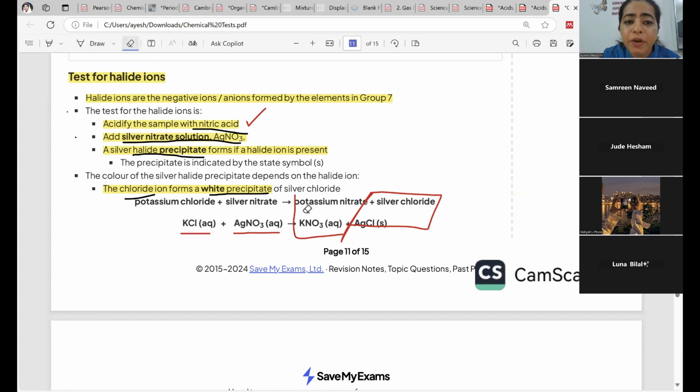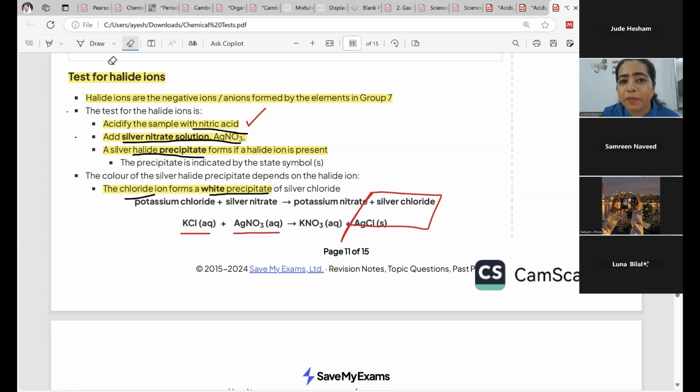The color that you are going to see is for the silver chloride. A white precipitate of silver chloride will be formed. The metal nitrate is going to be soluble, aqueous, so it is not giving you precipitates. Silver chloride formation over here is going to be a precipitate, a white precipitate. So the state symbol solid we have to write with the formula.